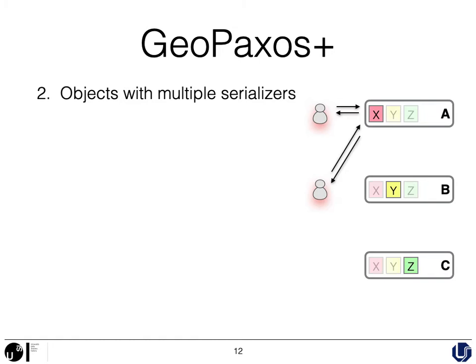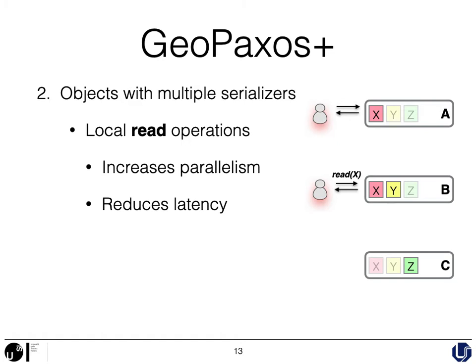We further extended this discussion and we realized: why does it need to be ordered by a single replica? Why couldn't we put an object to be ordered by 2 replicas? And the consequence of this new choice is that now we have local reads. A read operation is always executed by the closest replica of a specific client.